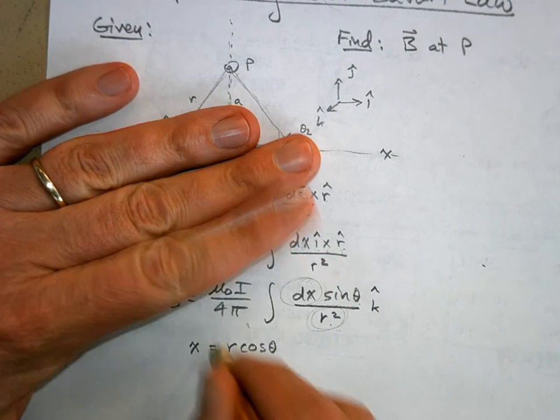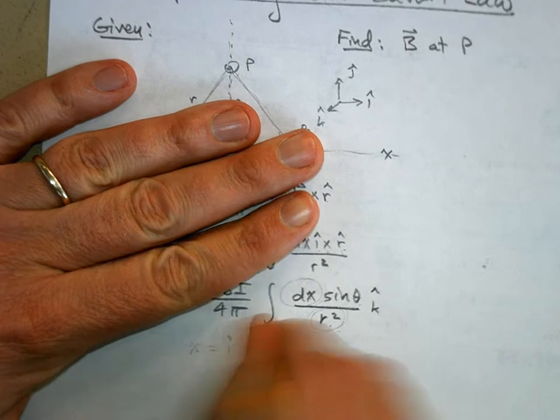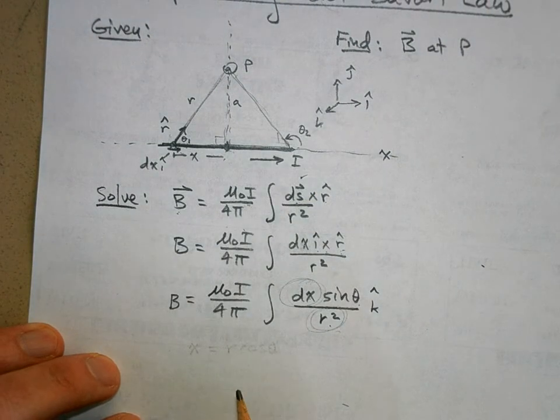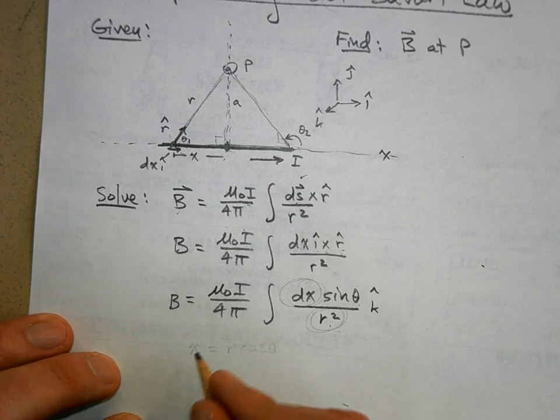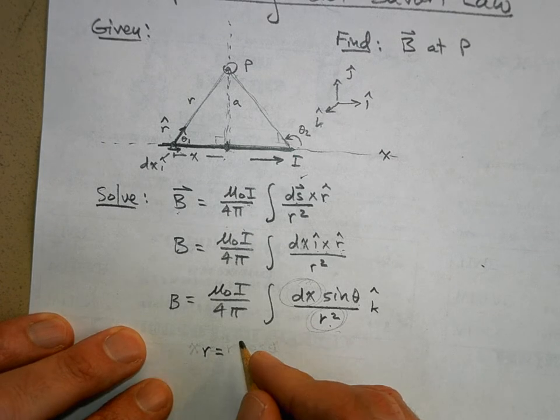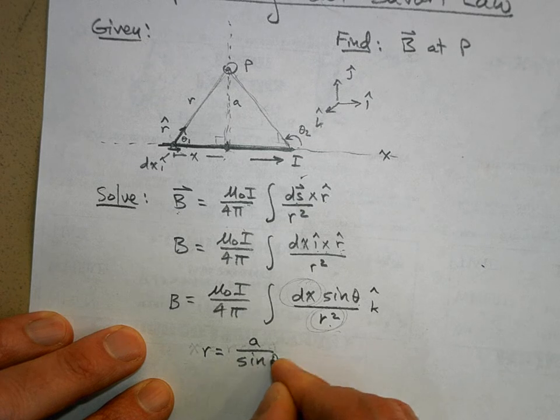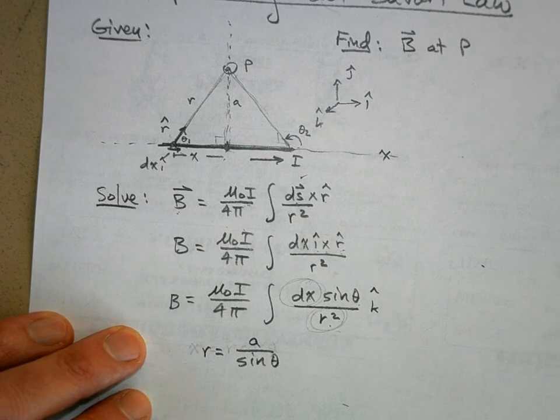I'm going to stick with, let's go r for a second. R is equal to a over sine theta. Do you all agree with that?